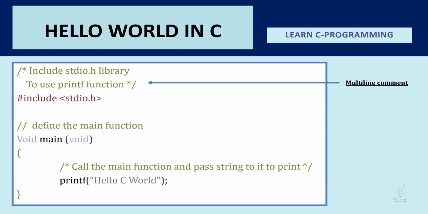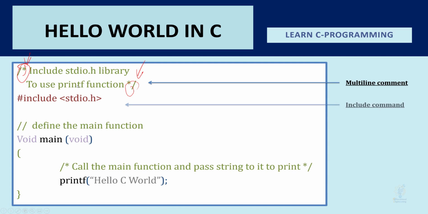Now, in this area, as you can see, we have a slash and asterisk, and you must end it with an asterisk and slash. This is the beginning and the end of a multi-line comment. Now, anything written between these two signs is called a comment. So this is not code and won't be executed as code. This is only for you to see.